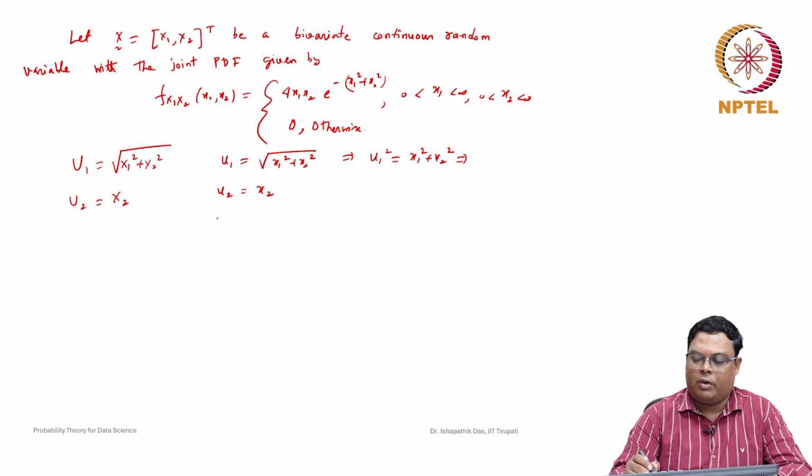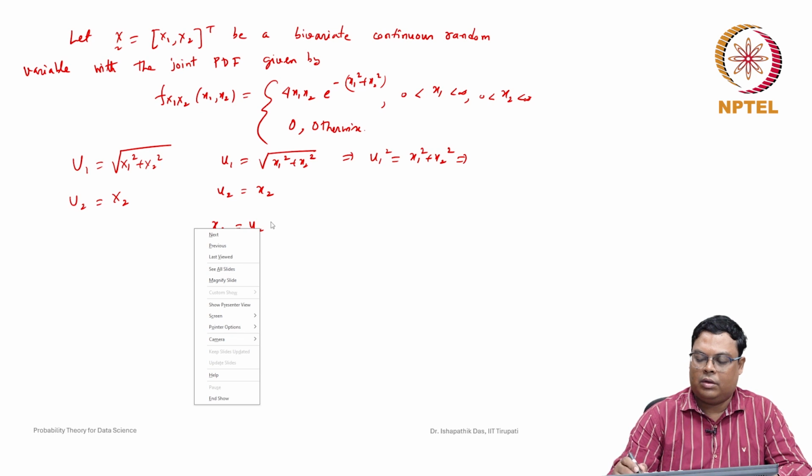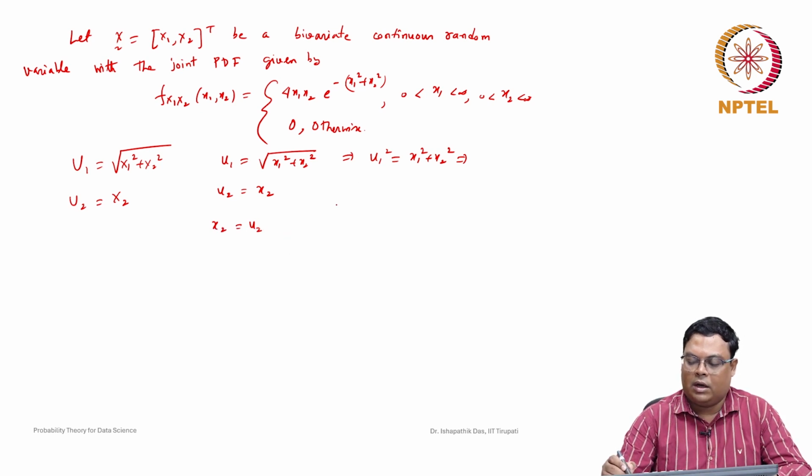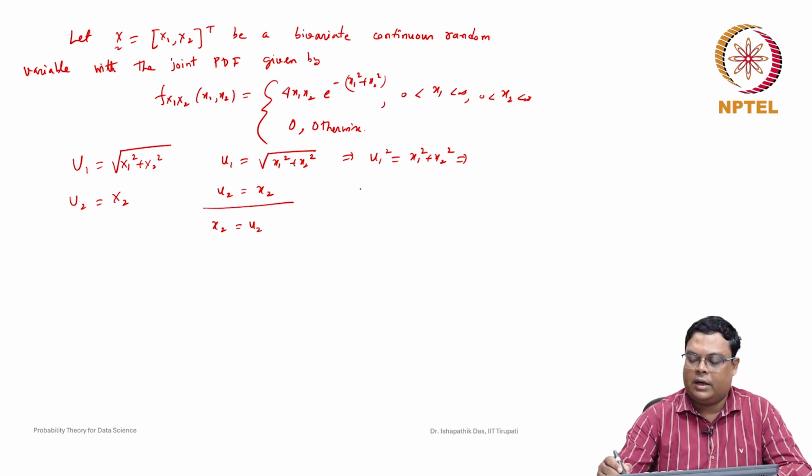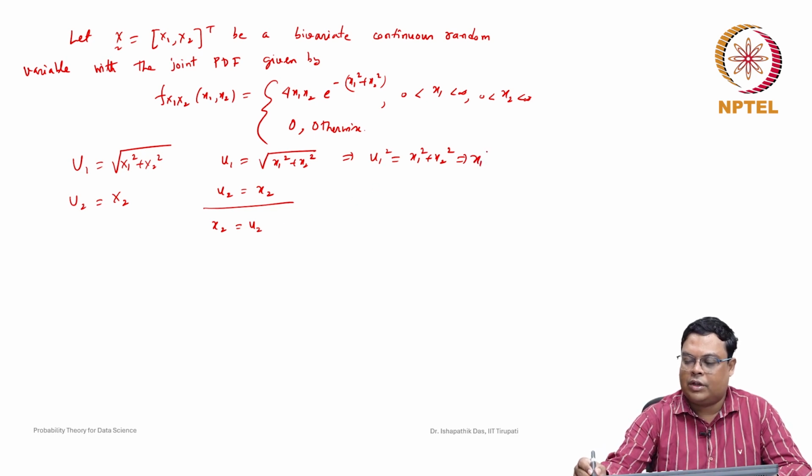Now if we want to find the inverse, for x2 we are getting nothing but u2. So this is the inverse. And if you want to find x1, we get x1 square is equal to u1 square minus x2 square, where x2 is u2, so u1 square minus u2 square.